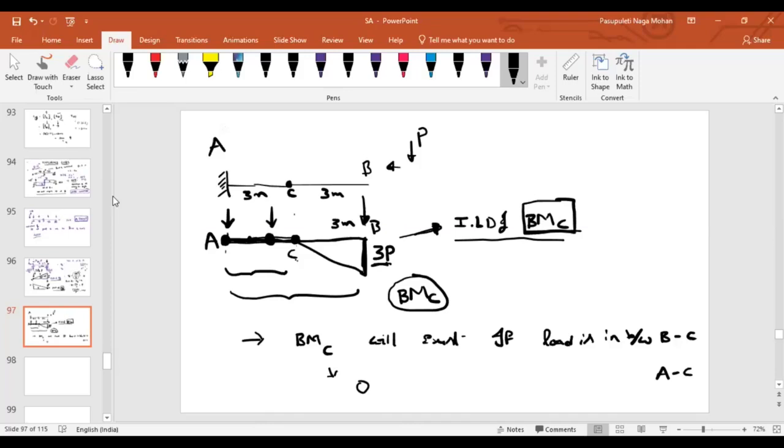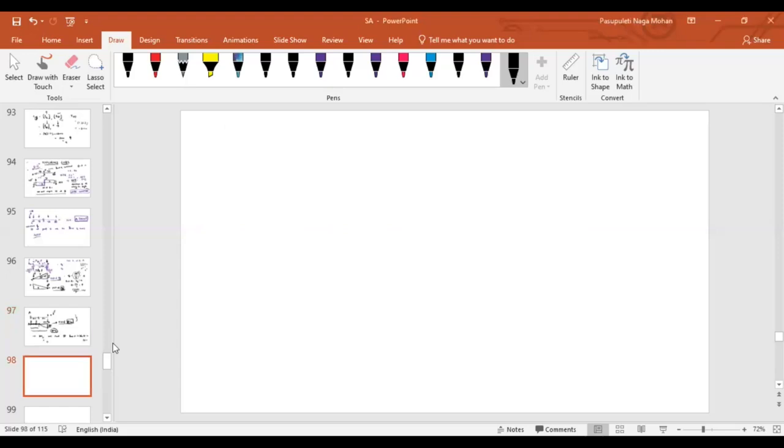But as of now, my point of giving this example is to how to interpret the influence line diagram. How we have to draw that I will tell you in a couple of minutes.